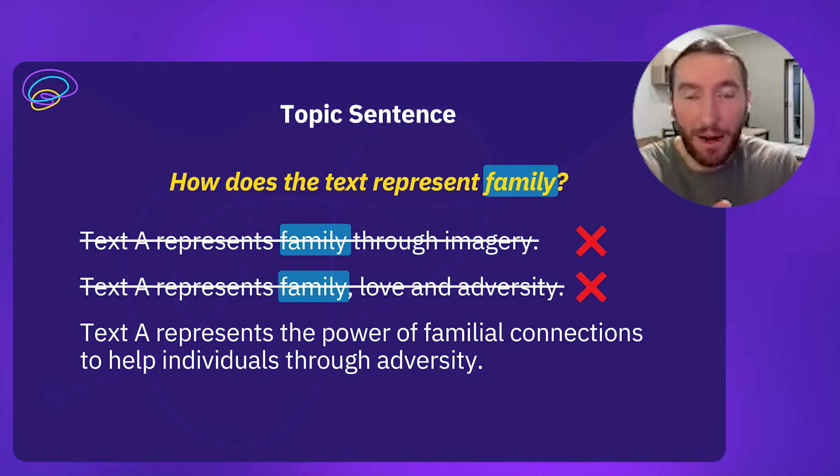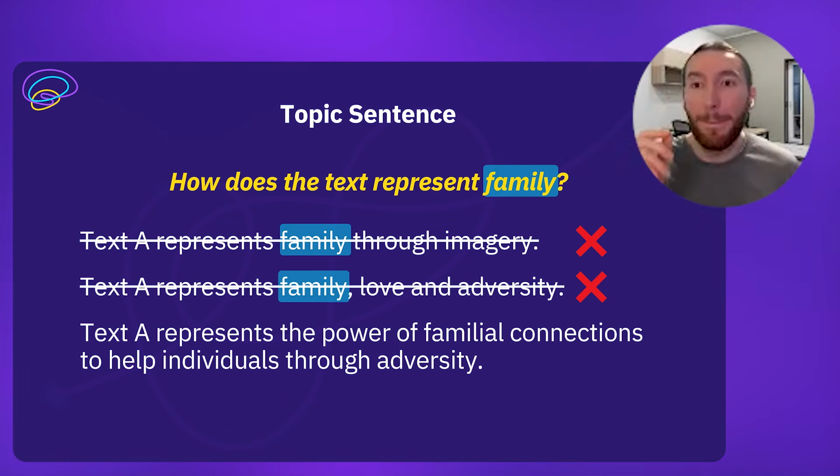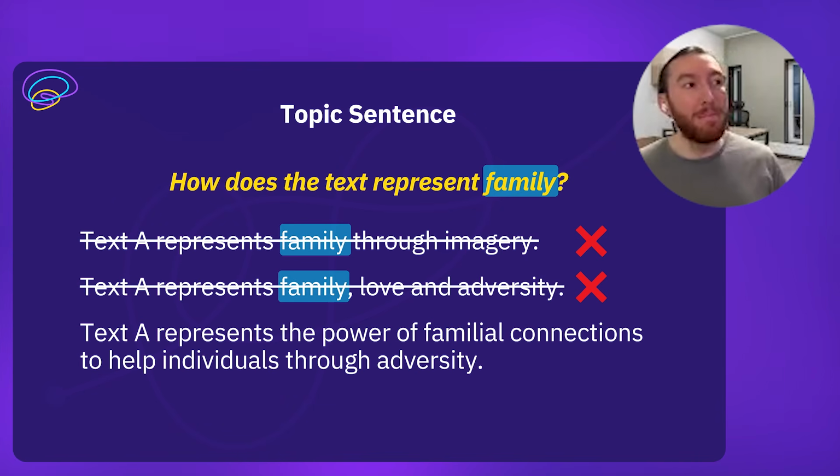And I want you all to write this down. If you really want a kind of a secret trick here, I want you all to write down the power of, and there's a couple more that you can use, the capacity for, the ability of, the potential for, the value of. And those expressions are what you can put in right here after you say represents, and then you can say the key word and expand a little bit.